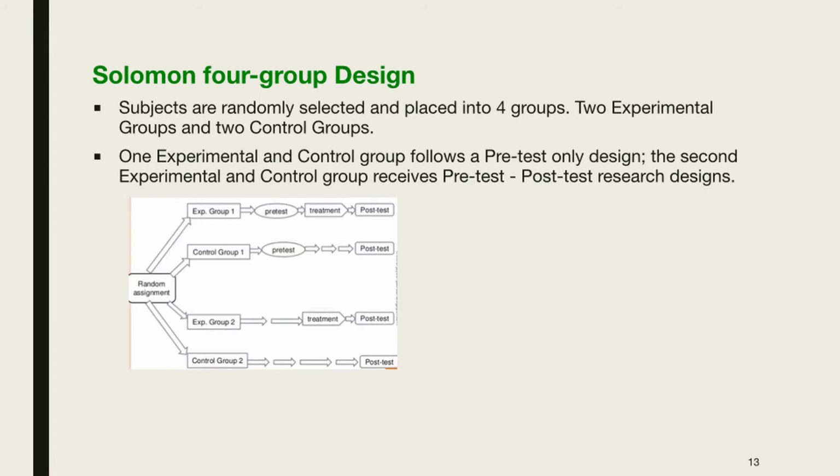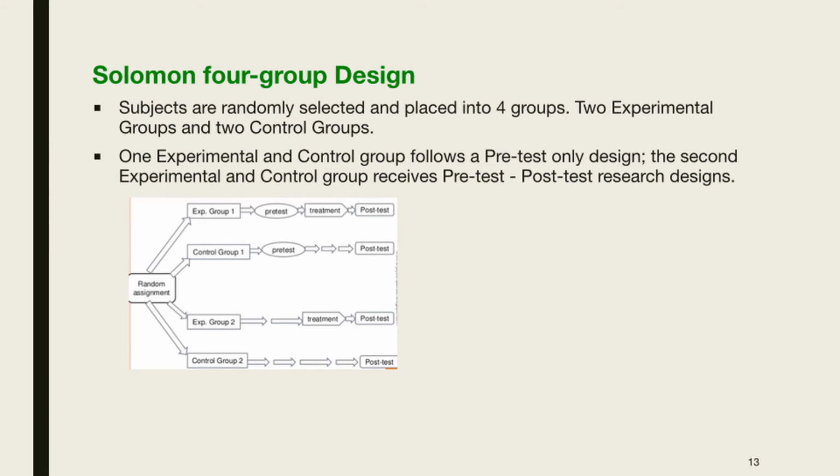Then there is another enhanced version which is called a Solomon four-group design. In this, the subjects are randomly selected and placed in four groups, two experimental groups and two control groups. One experimental and control group follows a post-test only design, and another experimental and control group receives a pre-test, post-test design.